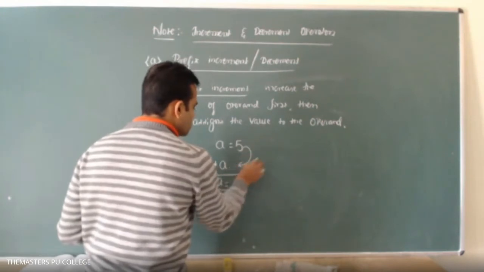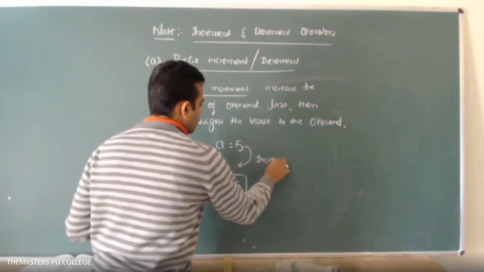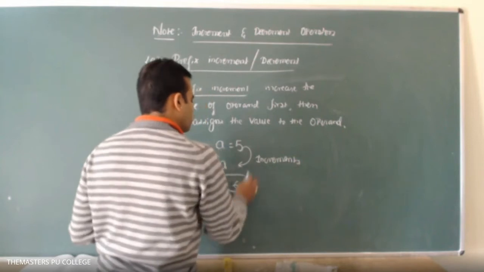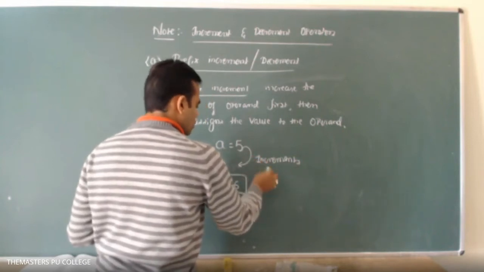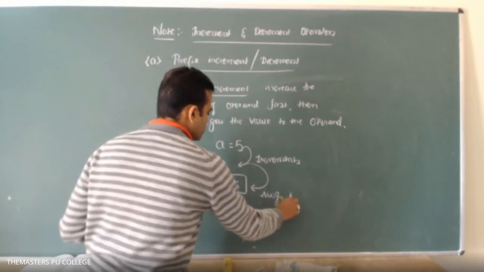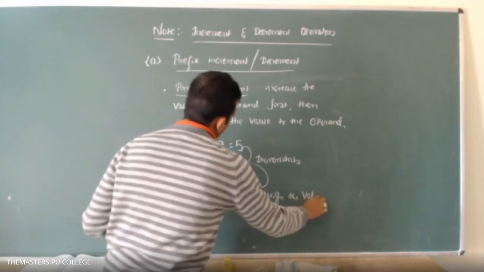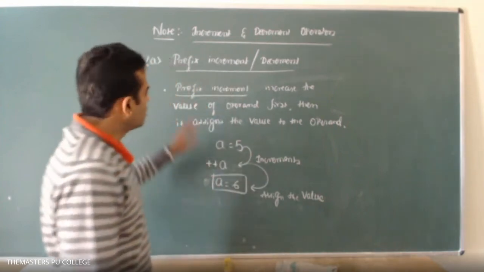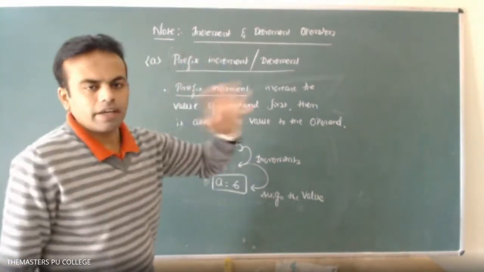First it increments. After that it assigns the value. The variable is incremented first, so we call it prefix incrementation.